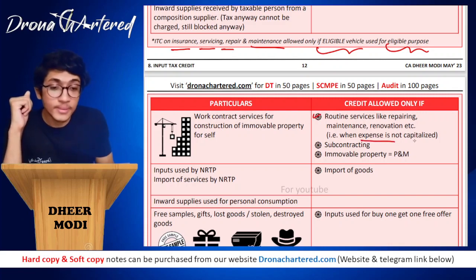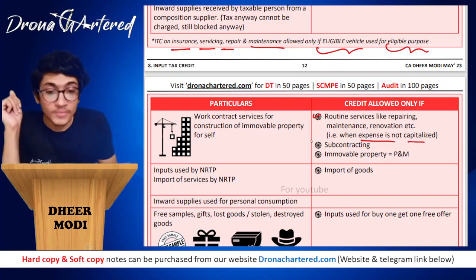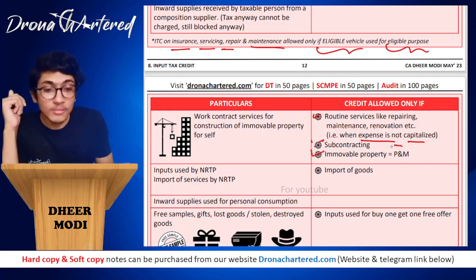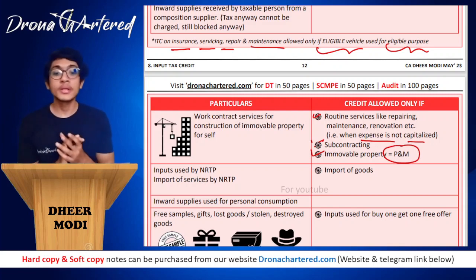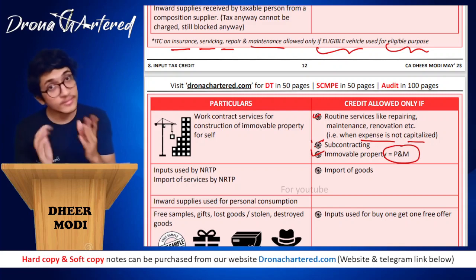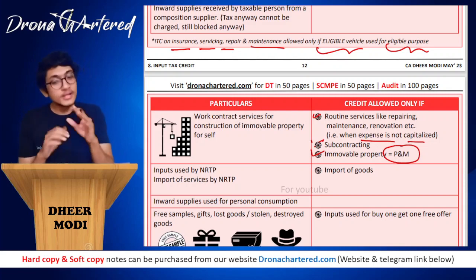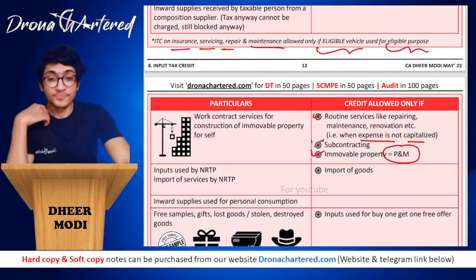That is when your expense is not capitalized, when it is charged to P&L, then ITC will be allowed. Next, if it is further subcontracted, and third, if your immovable property is your plant and machinery. Only and only if the immovable property that you have constructed is your plant and machinery will you be allowed ITC. For example, if you made an office building, no ITC will be allowed because that is for your own self.